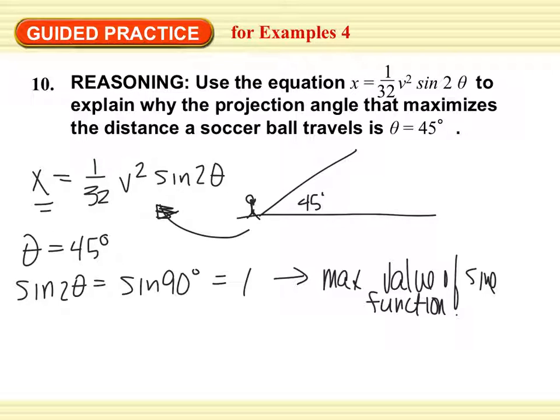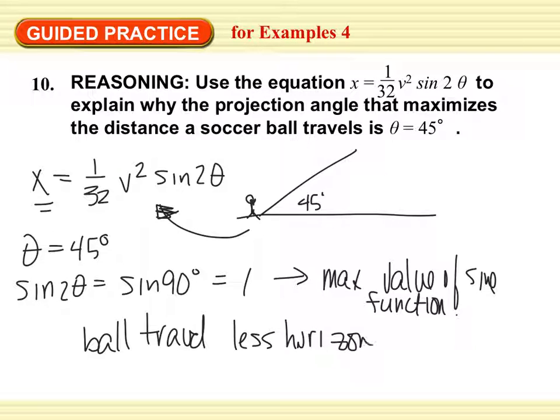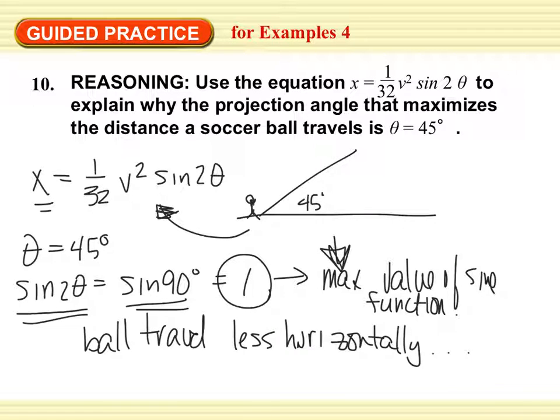When theta is anything other than 45, your ball would travel less horizontally. Okay, it's just not going to work because sine 2 theta is the same as sine 90, which is 1, which is your maximum value of the sine function. So that's the maximum you're going to travel.